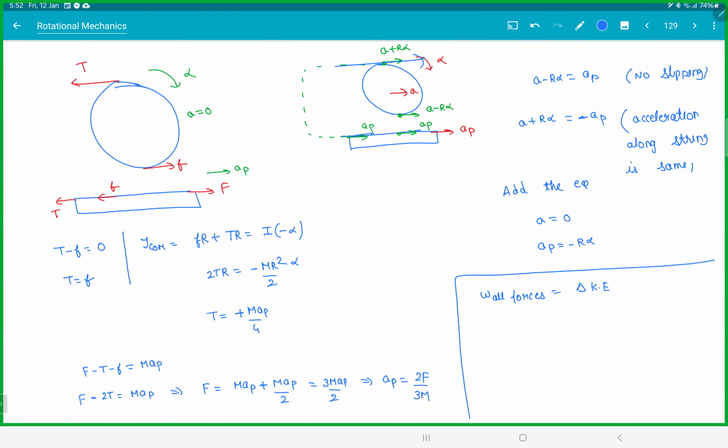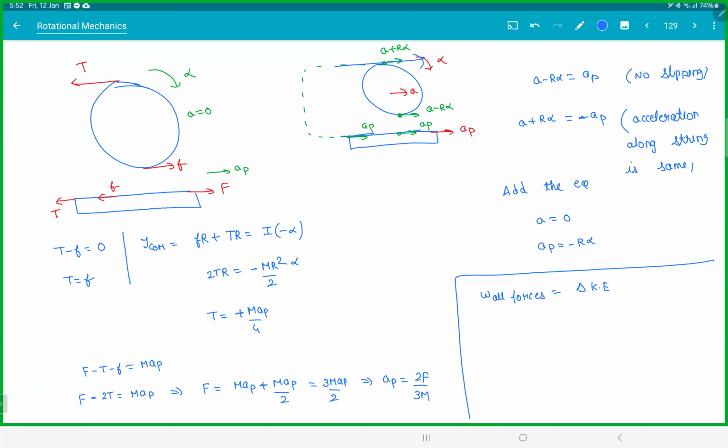I'm not sure. Sorry. You're not sure about this? Like, the chapter got over 2-3 weeks back. I'm only asking the definition of work done, nothing else. I don't know my definition. Come again. I don't remember that definition.